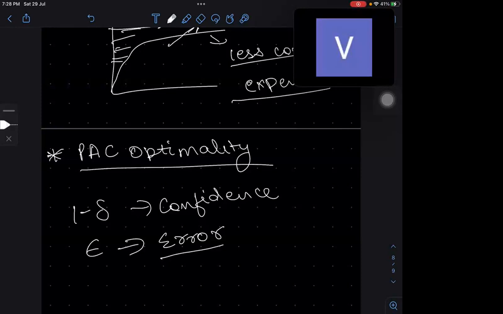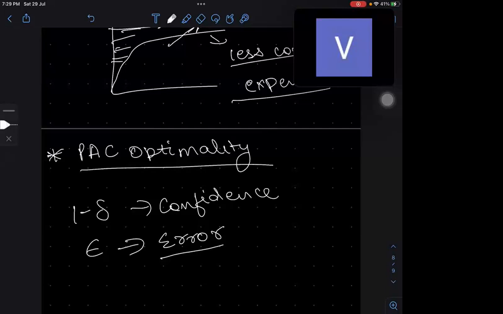Okay, first let's discuss. Do you want me to get into detail about this PAC optimality, or should I go further? There are lectures which are theory about this PAC optimality, with derivations and all. There was a book, I don't remember the name. I'll give you the reference next time, in which PAC optimality is explained in a very good way, and this can be useful if you are doing your research.